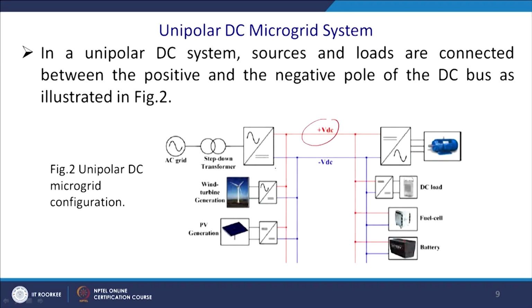The blue line is the 0 potential line that has been considered. Again you may have a wind turbine whose output is converted into DC and fed into the DC bus, and you may have solar with MPPT tracking and scaling or boosting. So you will get the same voltage.